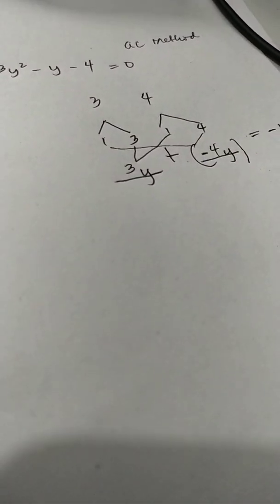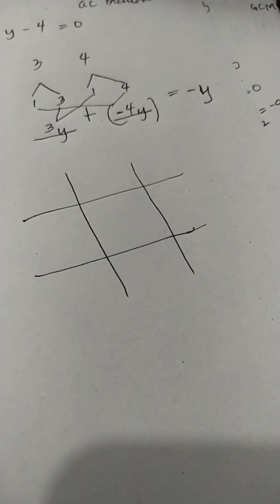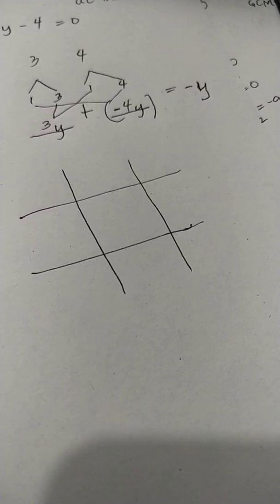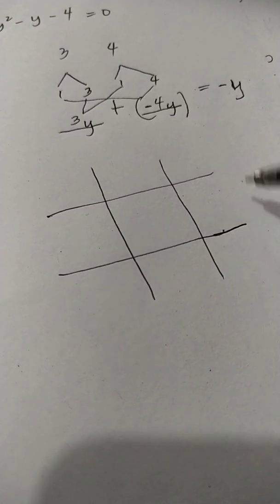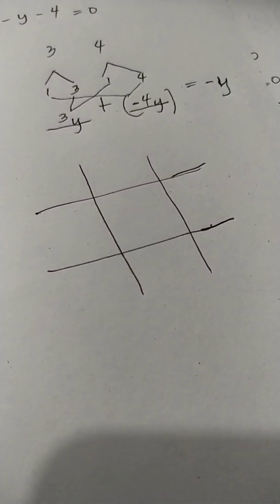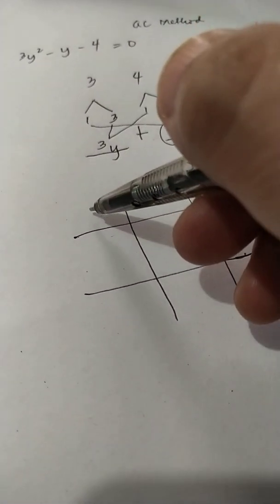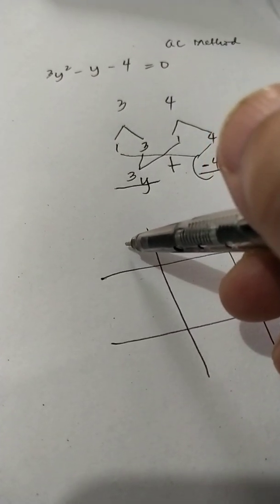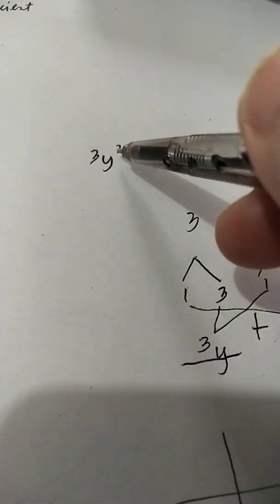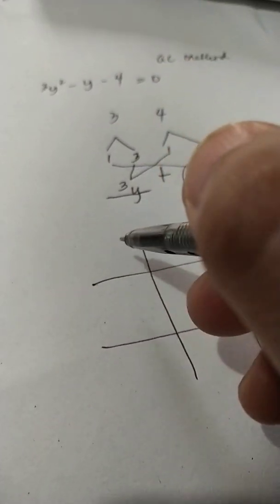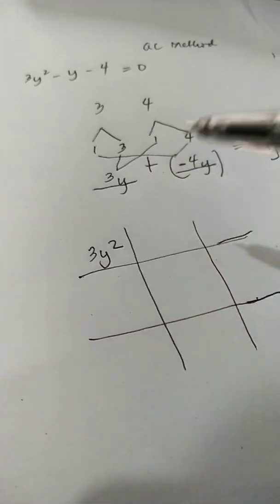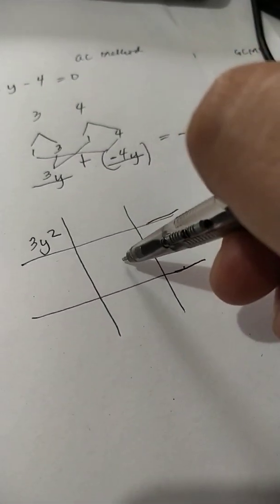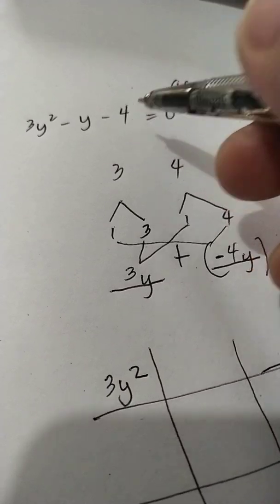Then we use a box, in order for us to get the correct factors. Always write the first term in here. Our first term is 3y squared, so we write it here. Take note that it should always be the first term in here, and then on this part it should be the last term.